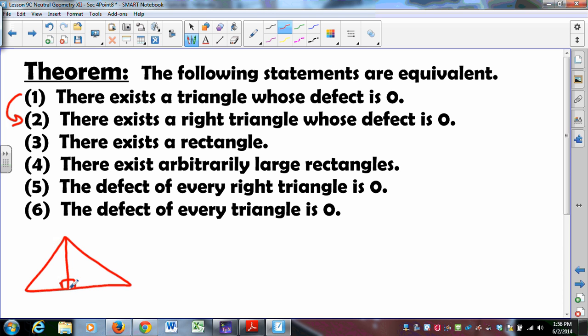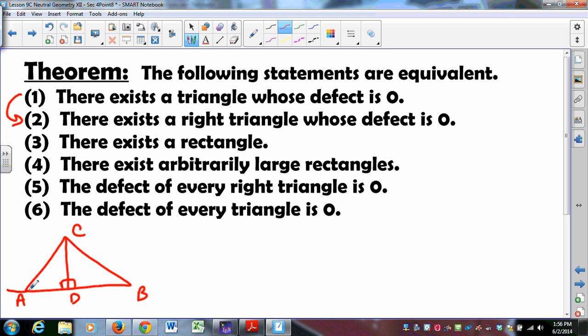First things first, how do I know that that foot has to be in between those two endpoints? How do I know that D has to be between A and B? Well, let's pretend that A and B are acute angles. It's not hard to do that. Any triangle has at least 2 acute angles. We can rearrange vertices if we need to make sure that A and B are acute.